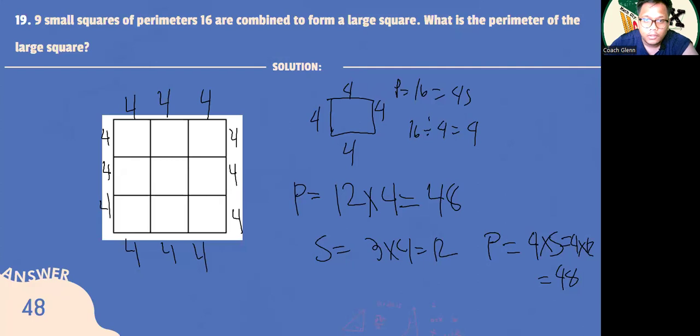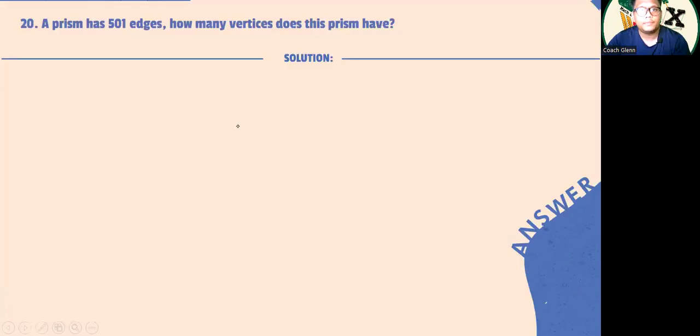So now let's go to the next one. So for number 20, a prism has 501 edges. How many vertices does the prism have? Okay. So what does a prism look like? So a prism would look like this. For example, let's say a rectangular prism, okay? So it's like a 3D cube, okay?